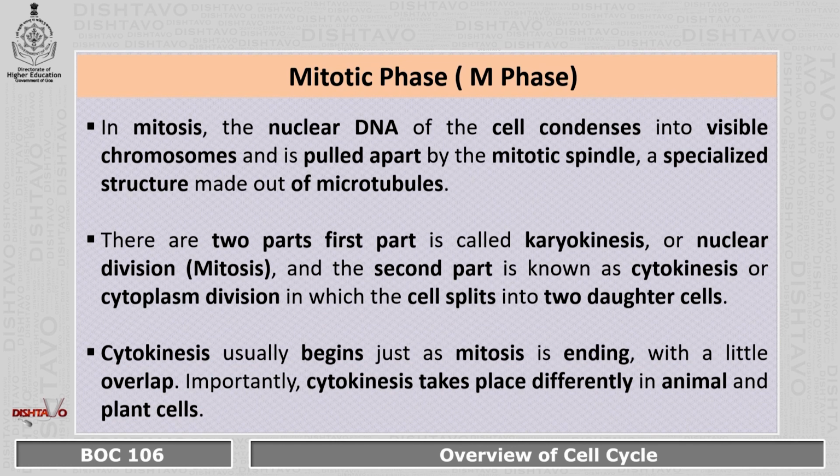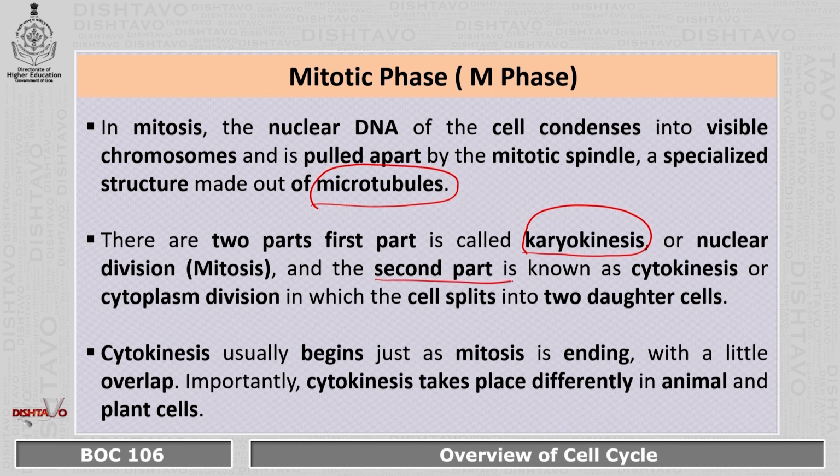In the mitotic phase or M phase, the nuclear DNA of the cell condenses into visible chromosomes and is pulled apart by the mitotic spindle, a specialized structure made out of microtubules. There are two parts. The first part is called karyokinesis, which means nuclear division.